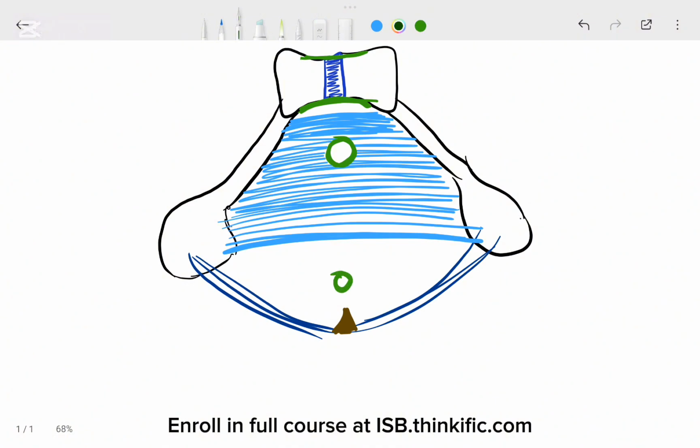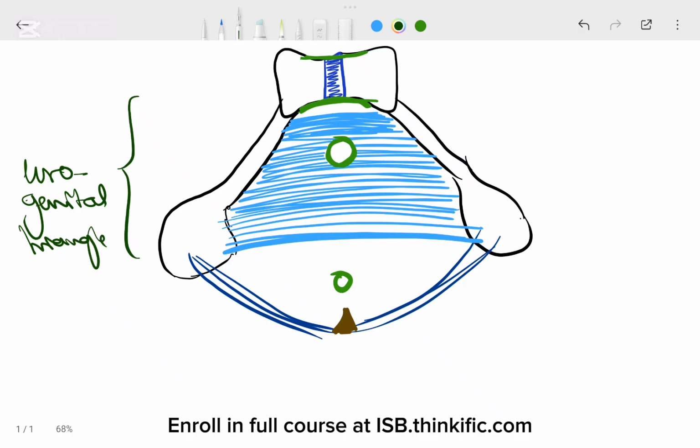So we say this front part is the urogenital triangle, and on the back we have the anal triangle. We also said that they are not in the same level, right? The urogenital faces the ground, the anal triangle faces the back.